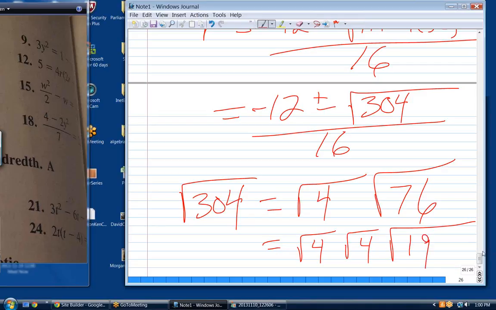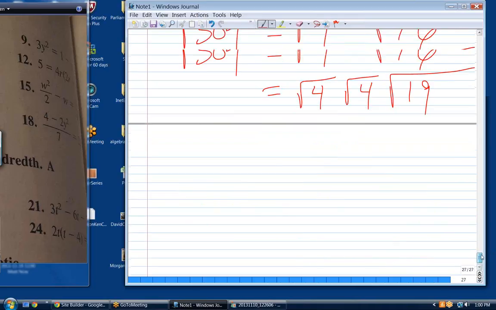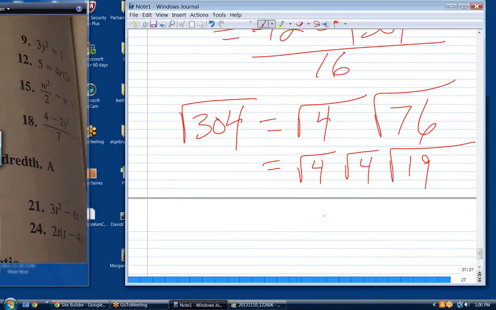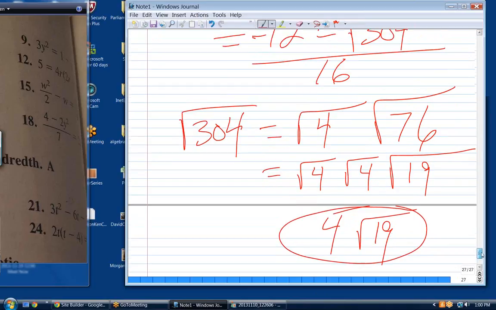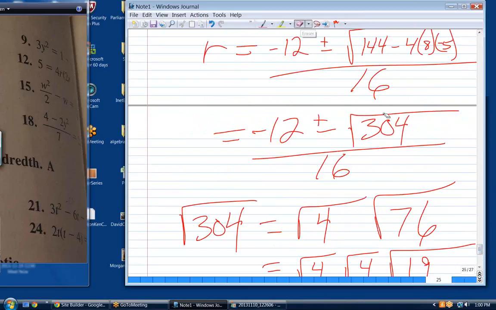Okay. Now, the square root of 4 and square root of 4 come out as a 4. So there's our simplification. We know that's simplified because 19 is prime. So 4 root 19 is what we want to put up here.